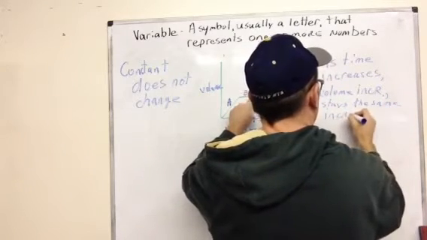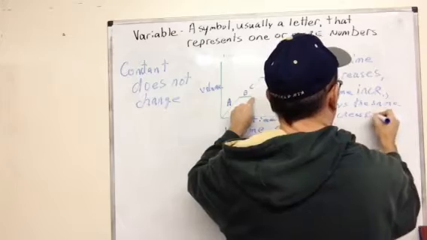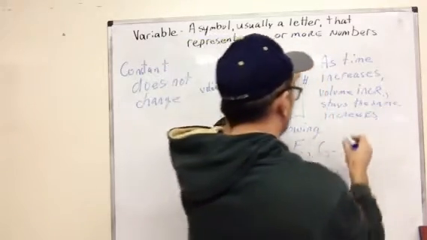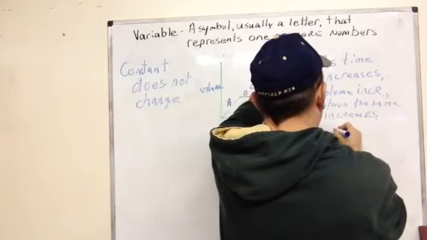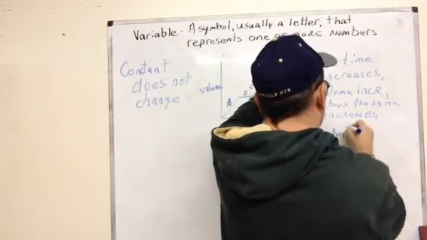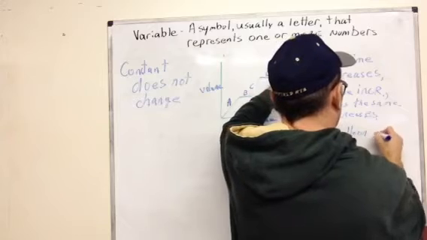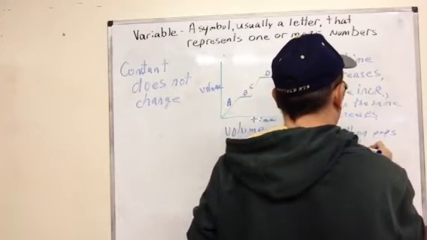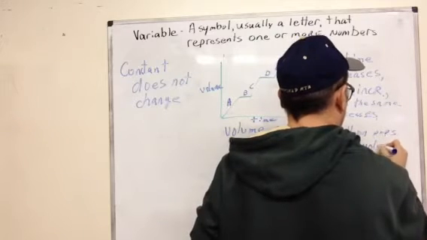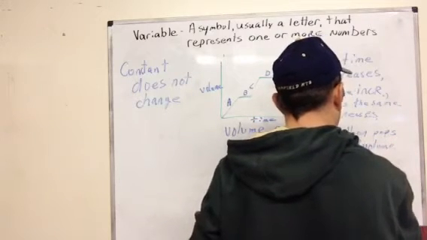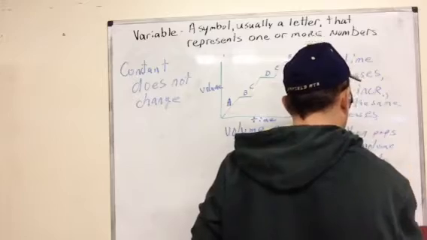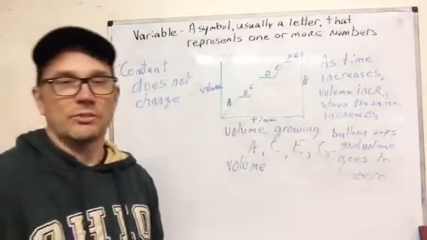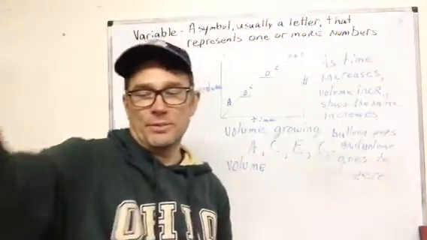Increases, stays the same. Increases, stays the same, increases, and then the balloon pops, and volume goes to 0. Right where it started, an empty balloon, because again, it just popped.